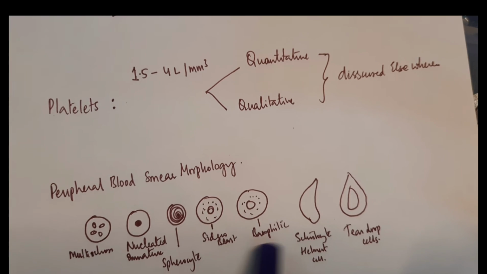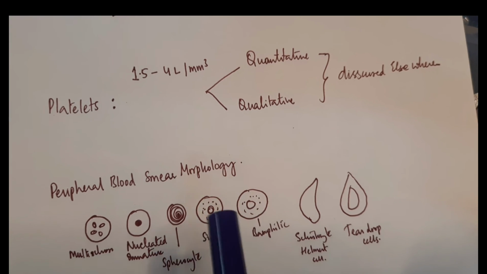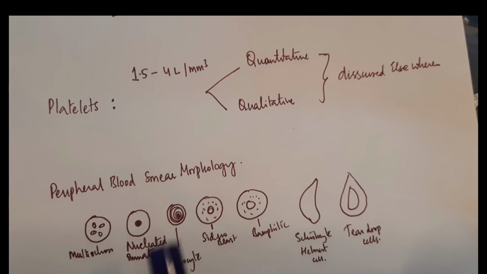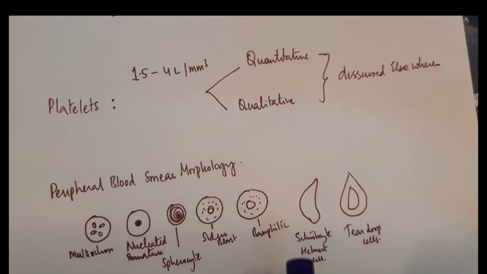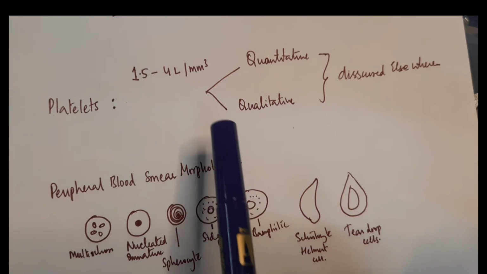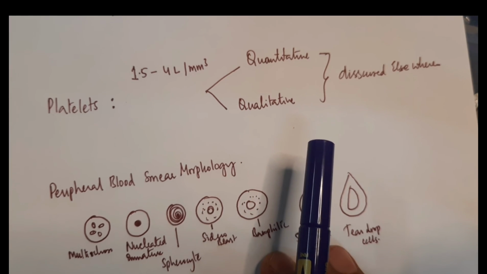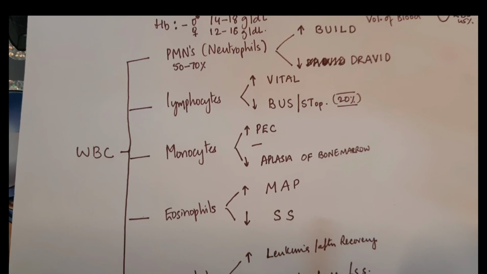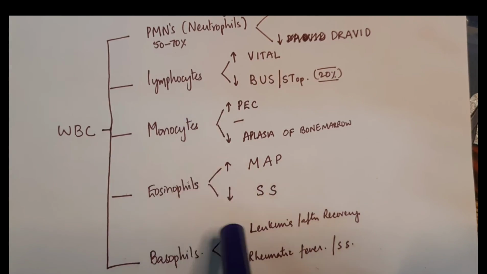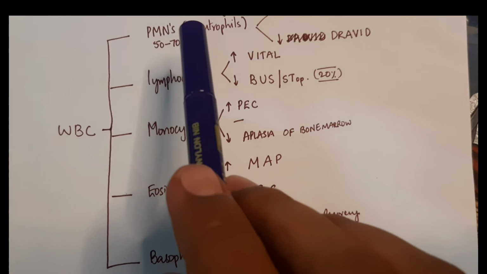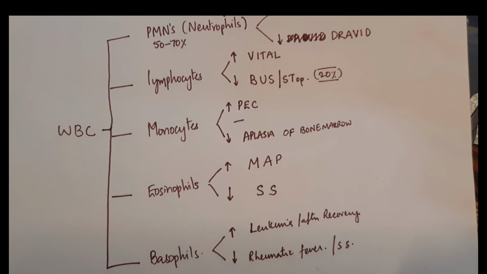All these are seen in peripheral blood smear morphology, which you generally don't order as a dentist, but for PG preparation, whatever I have told you here is very important. If you are preparing for PG, remember to note these also and keep them in your memory, right? So I'll discuss platelets and blood smear in another video. Meanwhile, remember this, and if you want, I'll put it in the comment section also, so that you can remember them easily. Whenever there is any abnormality in WBCs, you can easily identify them.